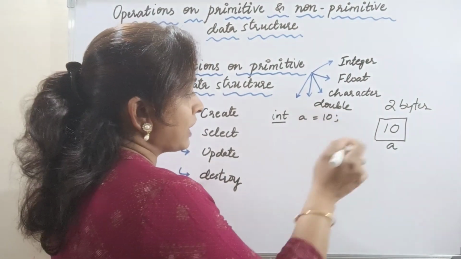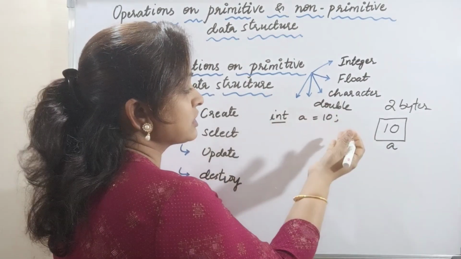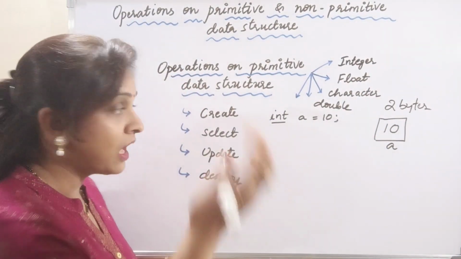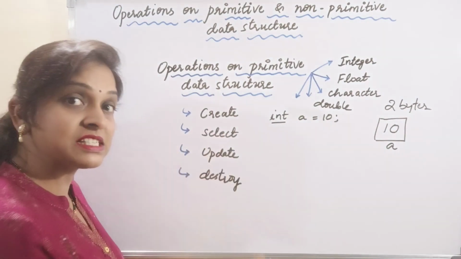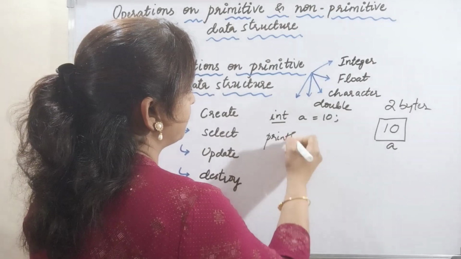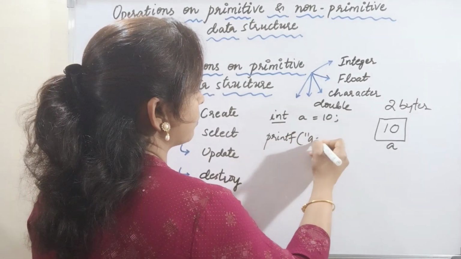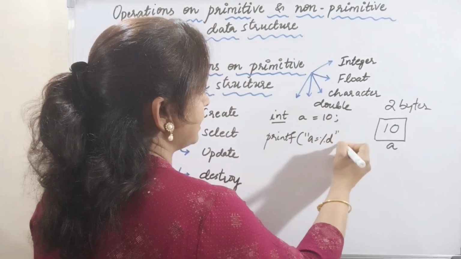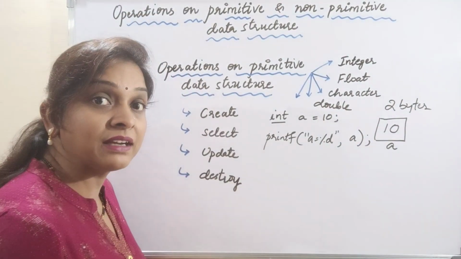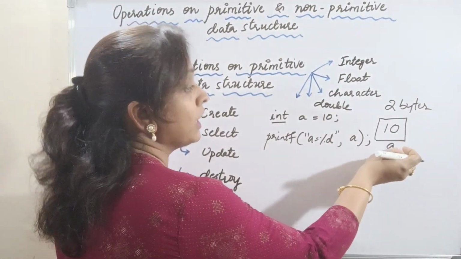This primitive data structure is going to act upon the machine instructions directly. Now, when I want to change this value or access this value, then I go with the next operation, that is select. I just say print the value of a. I say printf a equal to percentage d, print the value of a. Then I'm going to select this data from this memory block.